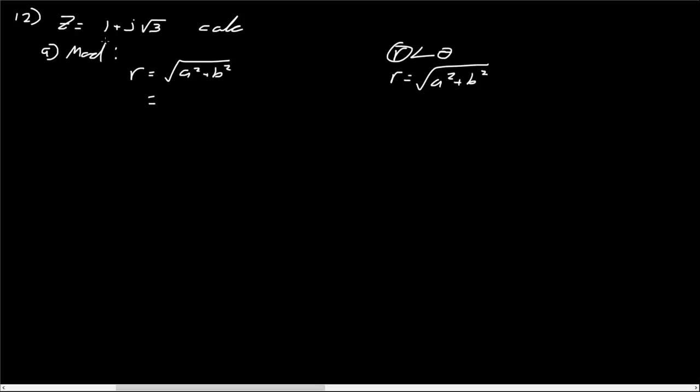Okay, and a is 1 and b here is root 3, because b is the part that belongs to the j. Okay, so r is equal to the square root of 1 squared plus root 3 squared.